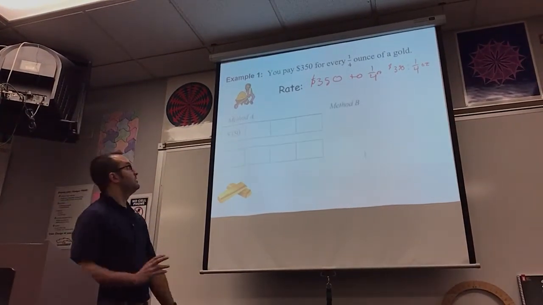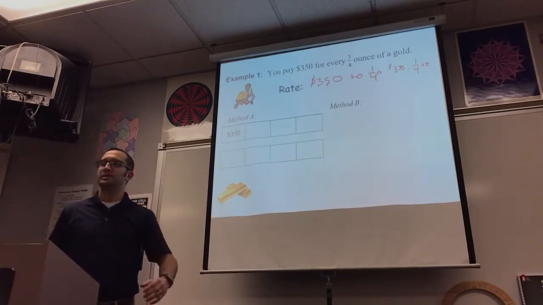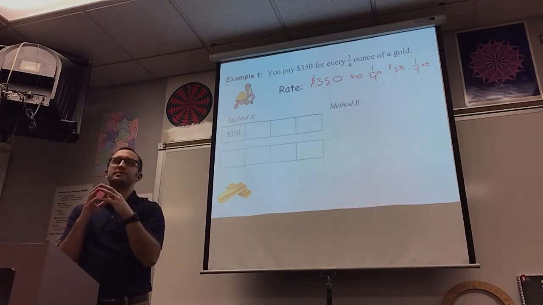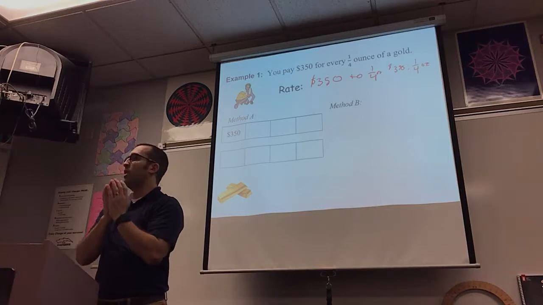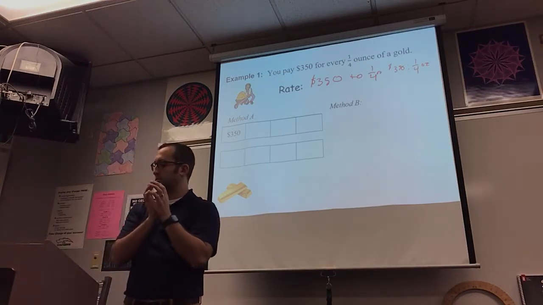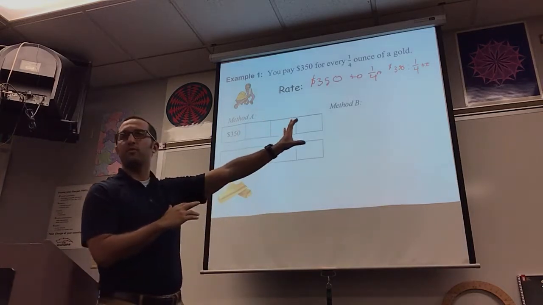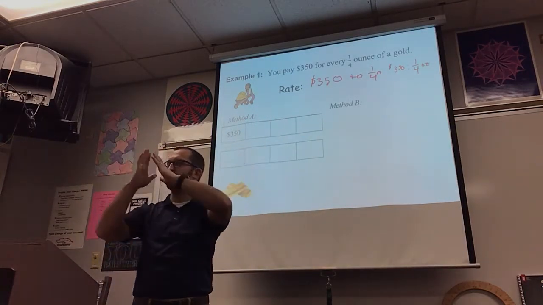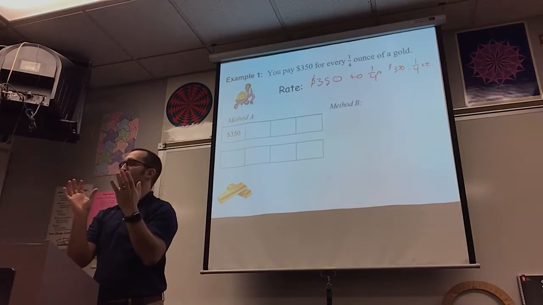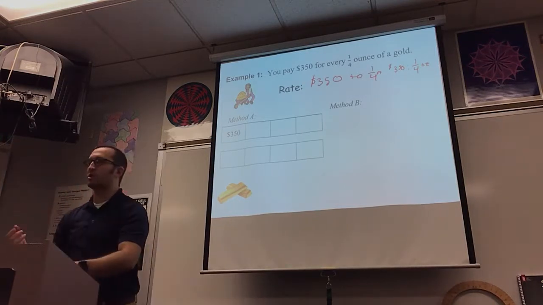So method A is this idea. I want the second unit to be 1, to be a unit rate. If I want to find the unit rate of this, I need the second part of my comparison to be 1. Well, how many quarters are there in 1?